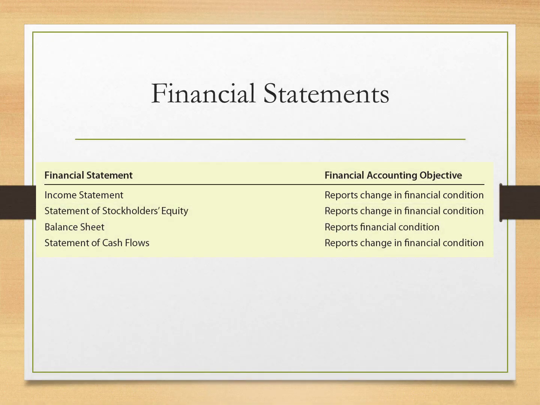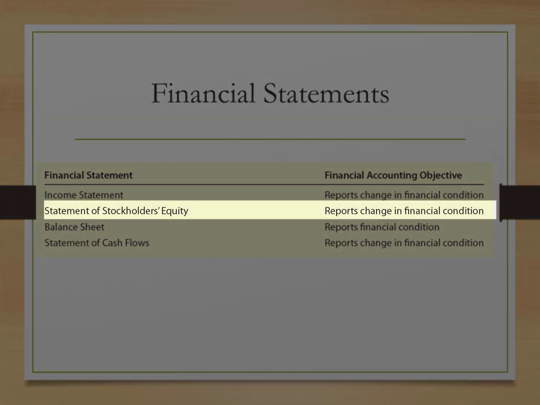Let's now talk about the next statement, which is the statement of stockholder equity. In the beginning course of accounting, we focus on two elements of the stockholder equity. The first is contributed capital or common stock. This represents the amount that owners have contributed to the business. The second classification within the stockholder equity section is retained earnings.